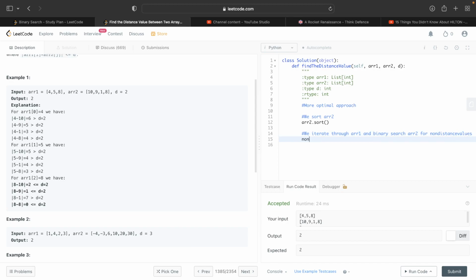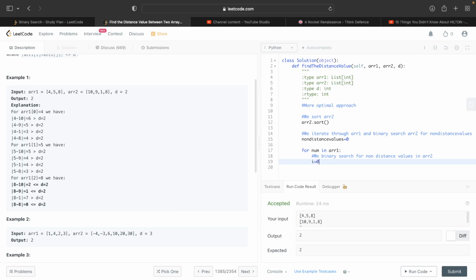So we create our variable for non-distance values, which we initialize to 0. Then for num in arr1, instead of using an index, we're just grabbing them individually. So now we binary search for our non-distance values in arr2.